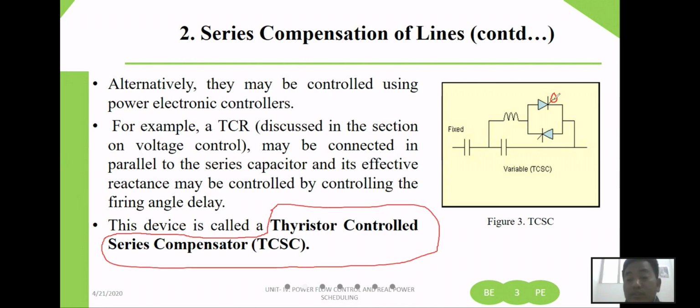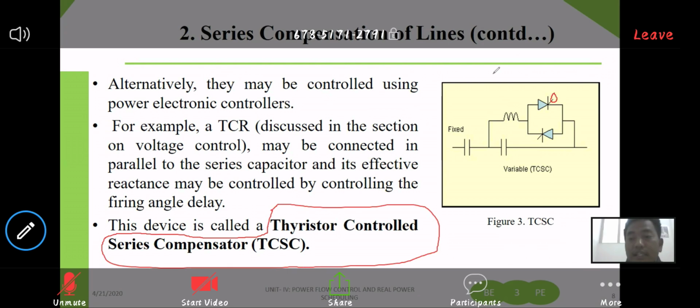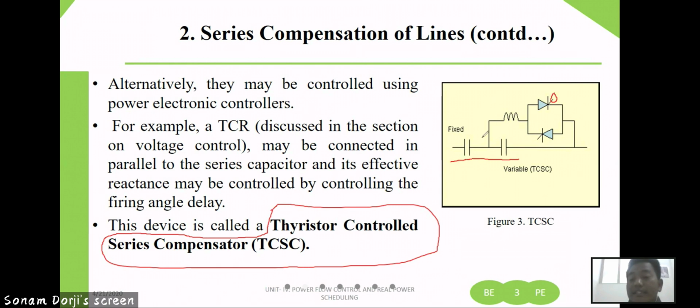This is also another way to control the power flow in the transmission line. You have a series capacitance, then you connect this TCR in parallel with the series capacitance, and then you will get one device which is known as TCSC, thyristor controlled series capacitor.